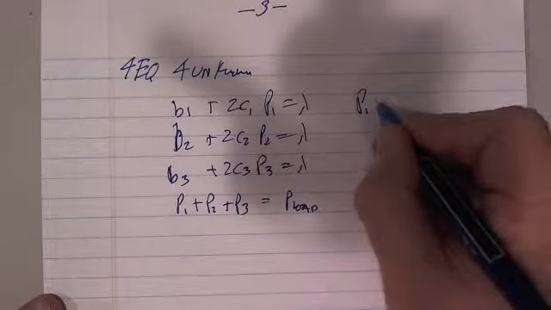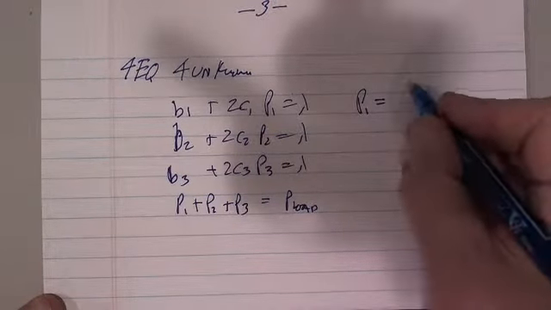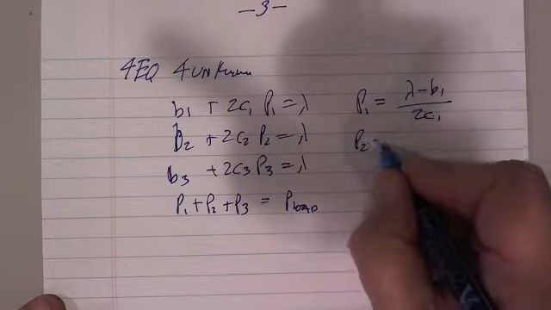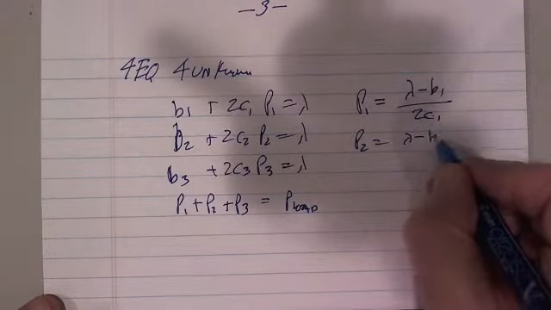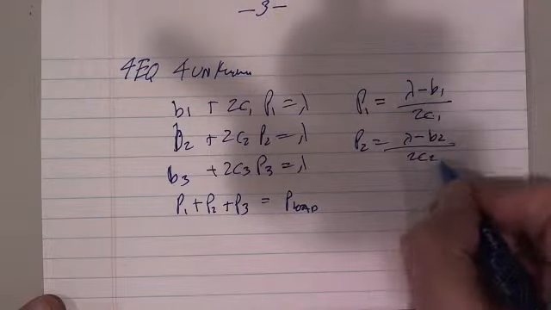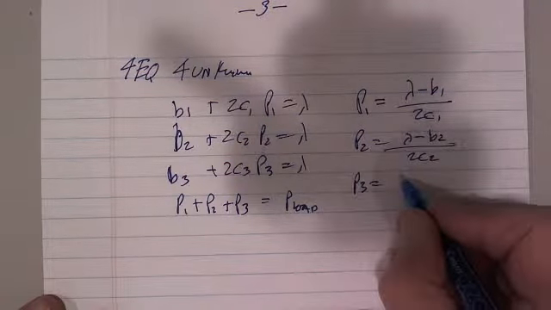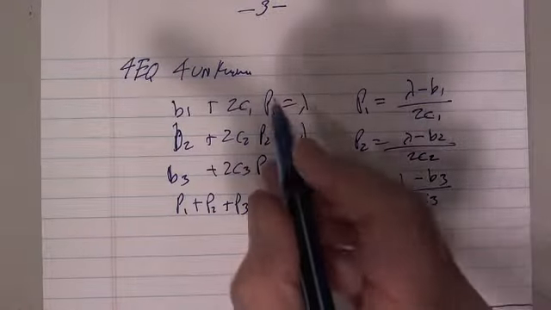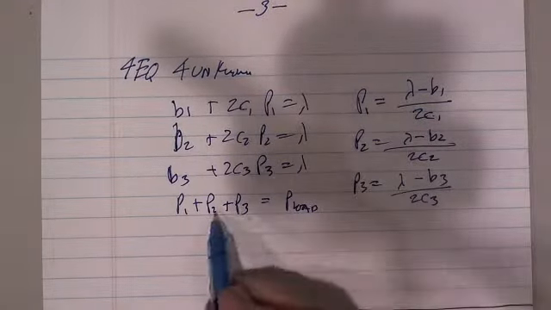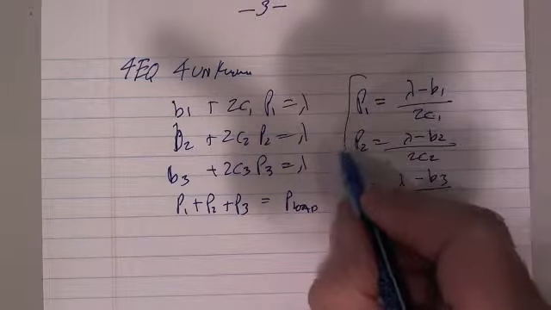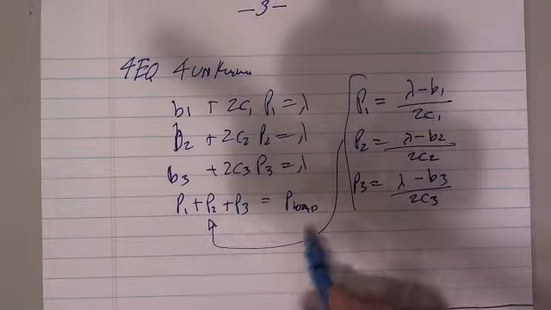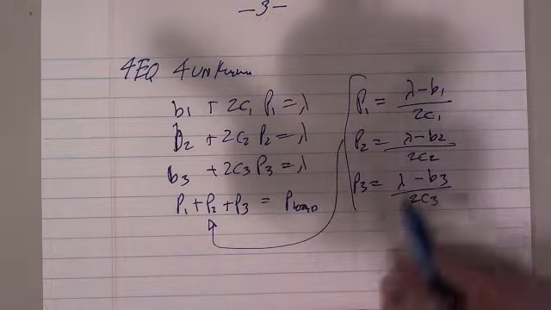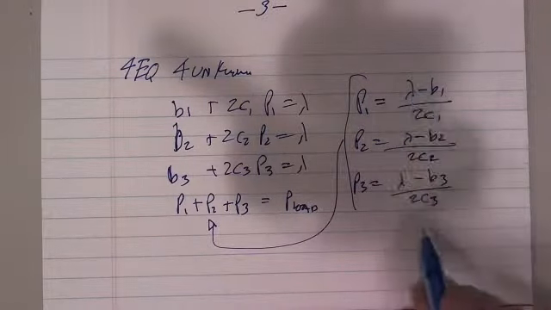Say, well, okay, P1 from the first equation is lambda minus B1 over 2C1. Similarly, P2 is lambda minus B2 over 2C2. P3 is lambda minus B3 over 2C3. I just solved each of these. And then down here at the bottom, I take each of these values and plug them in here, and I'm left with an equation where the only variable is lambda.